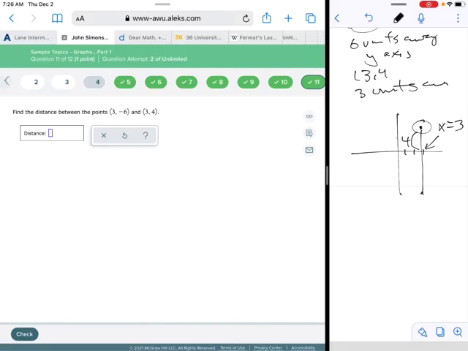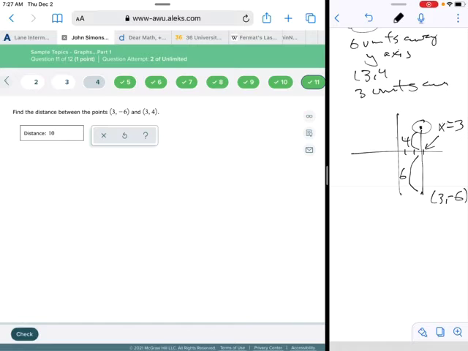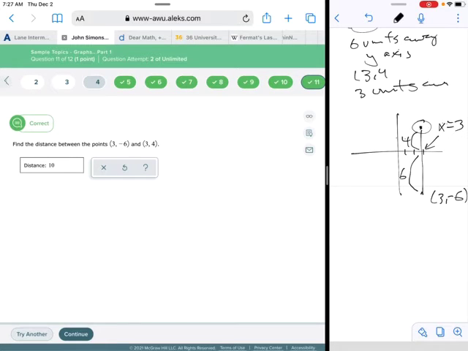And this point right here is (3, -6), so that's 6 units away. So 4 plus 6 is 10.